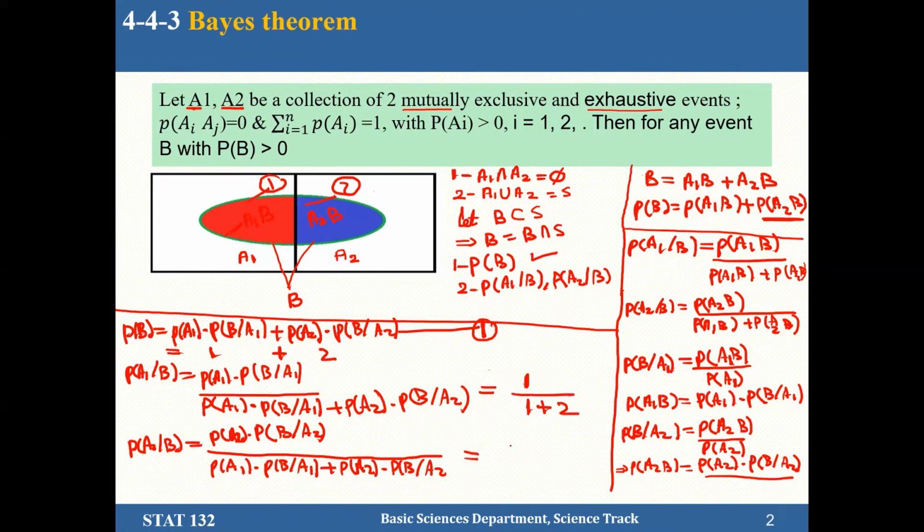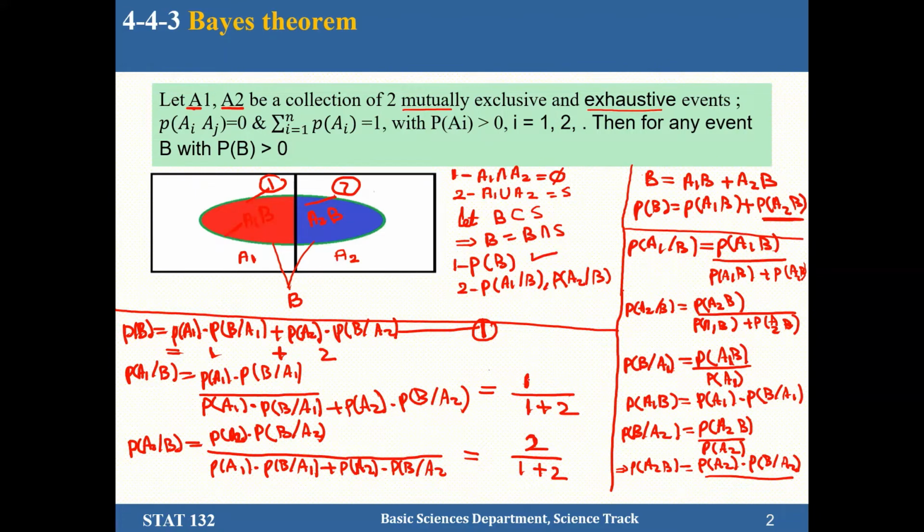P of A2 given B equal 2 over 1 plus 2. So this is the easy and simple way to understand Bayes' theorem.